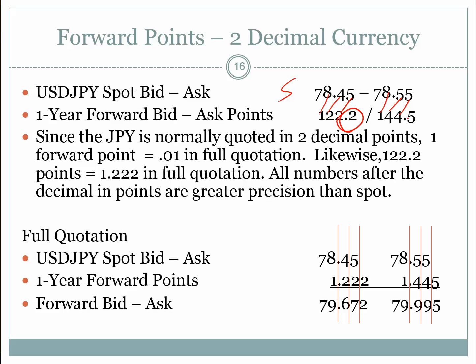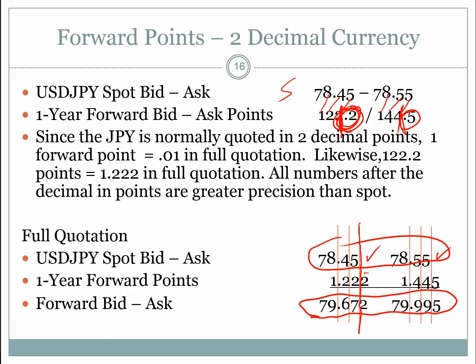What's after the decimal place in the forward points or swap rates is actually an extra level of precision. So in other words, line up this 122 and 144 like we did before. So it's 1.22. Now whatever's after the decimal place, that's actually going out to the third decimal place. So I'm going to add 1.222 to show one more level of precision. So that's a way of giving a 3 decimal place forward price when you have a 2 decimal place spot price.